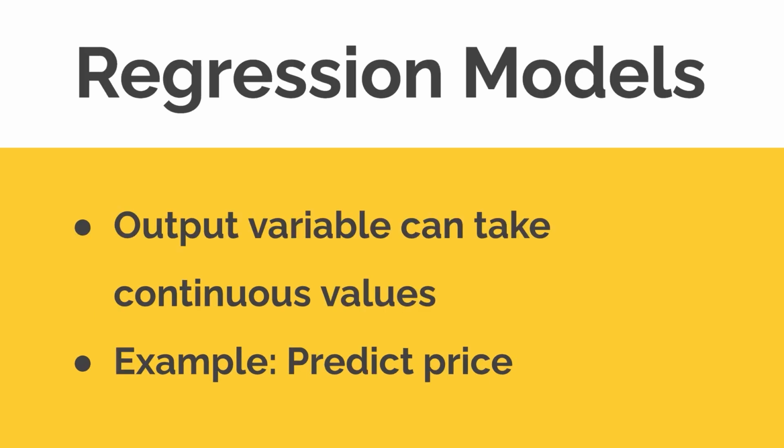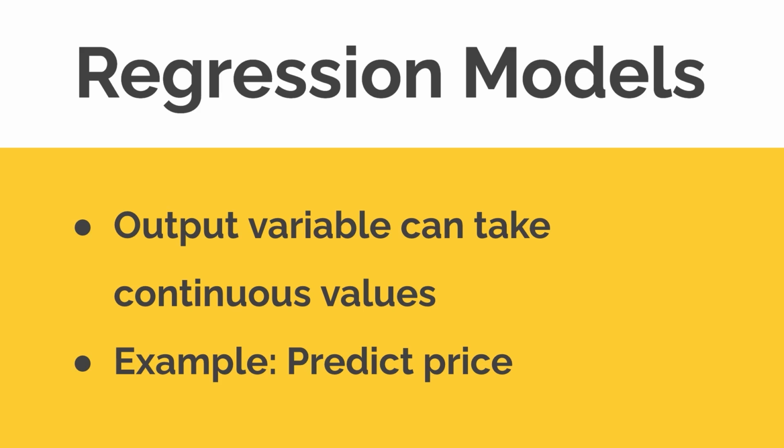Now another type of machine learning model is known as regression, and this is actually the project we're going to build together today. With a regression model, the output, so the result of the model, is a continuous value. So one example of regression is for predicting a price of an item based on its features.